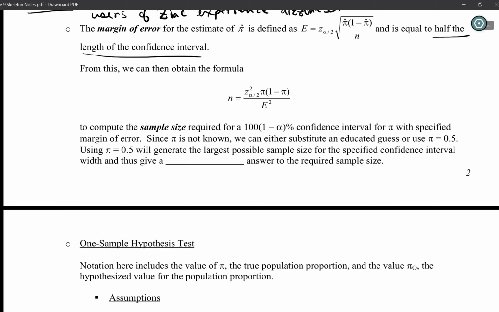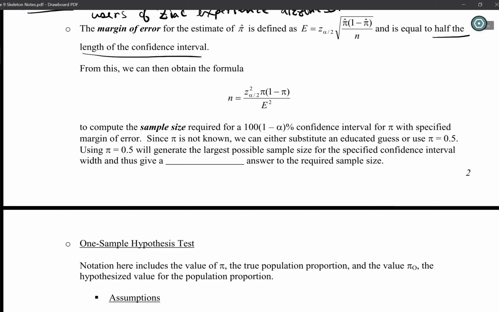Now the problem with this is that here I have pi hat. Let me remove that. Well, I shouldn't. I mean, that's the margin of error, and here in the formula I have just pi. Now you could write pi hat if you wanted to, but either way, the problem is that before a sample is taken, you definitely don't know pi, and you're not going to know pi hat.